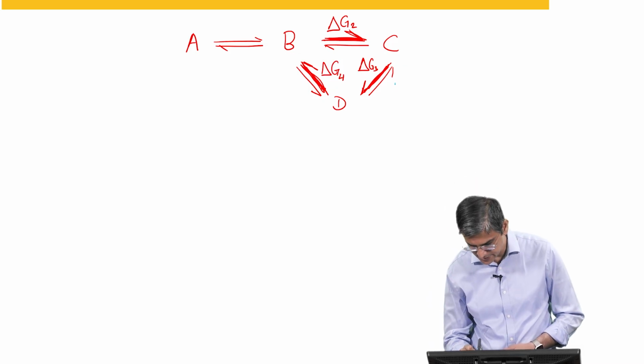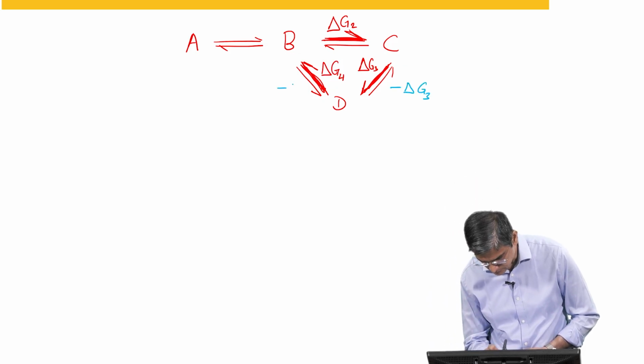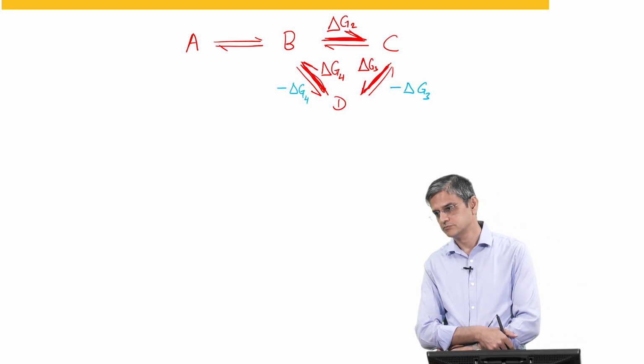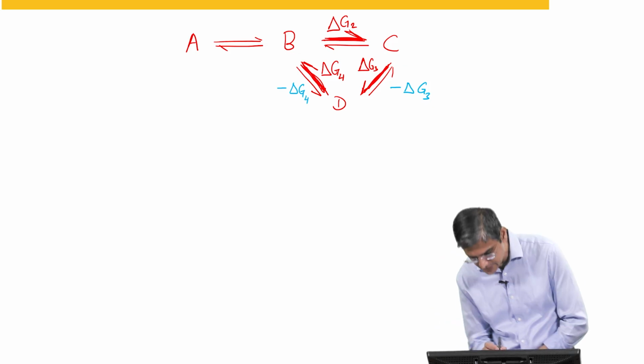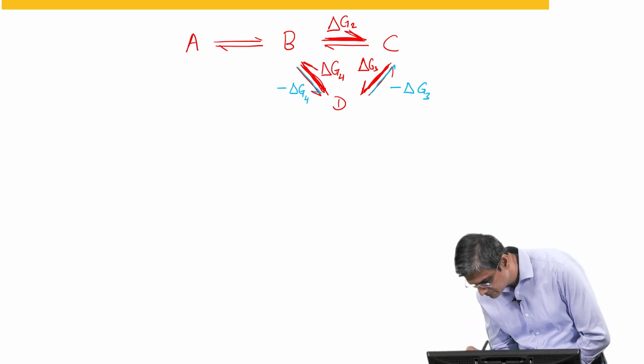So, your backward cycle, if you are following this arrow, it will just be the negative of that.